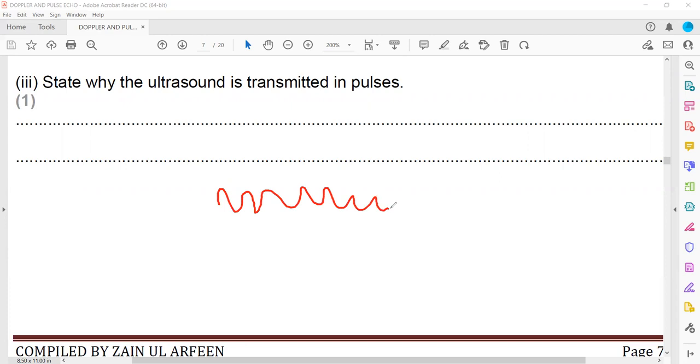They will mix with each other. The wave strikes and bounces back, so we cannot identify them. That is why we transmit the wave in pulses: one pulse must return before the next one is sent.